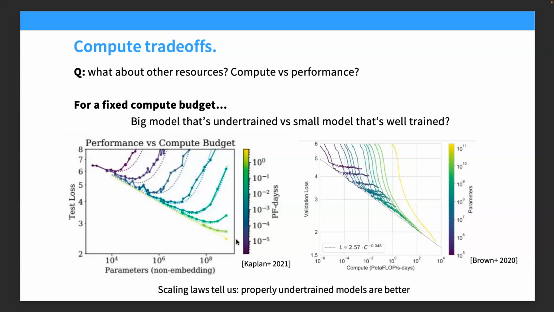And at some point, the yellow curve will also go up. If you really grow the model to a really huge model, you will undertrain that model, and then the curve will go up given the same compute budget.